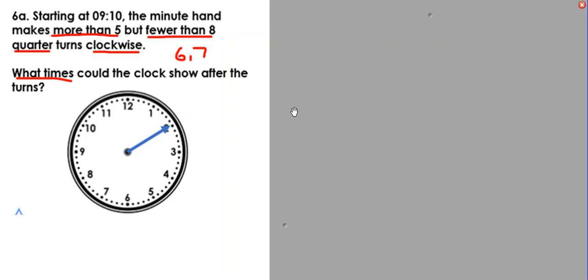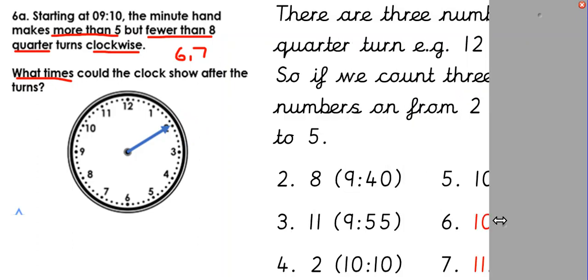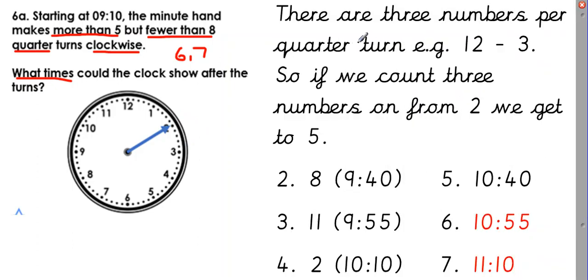Okay, so let's have a look at the answers then. So there's 3 numbers per quarter turn. So for example, 1, 2, 3 is a quarter turn. So if we count on 3 numbers from 2, 1, 2, 3, we stop at 5. So that's 1. Again, 3 numbers on, 1, 2, 3, that's 2. 3 numbers on again, 1, 2, 3, that's 3.